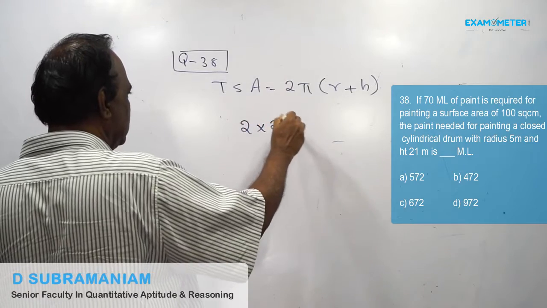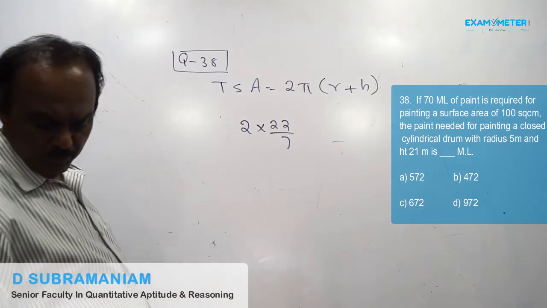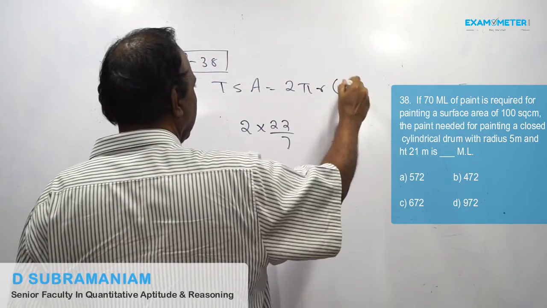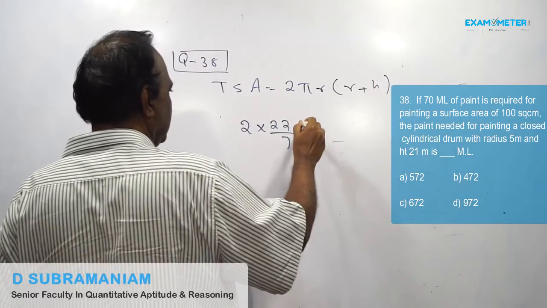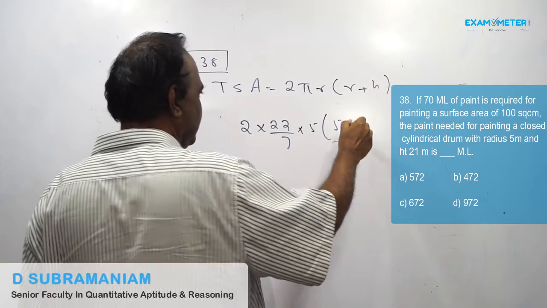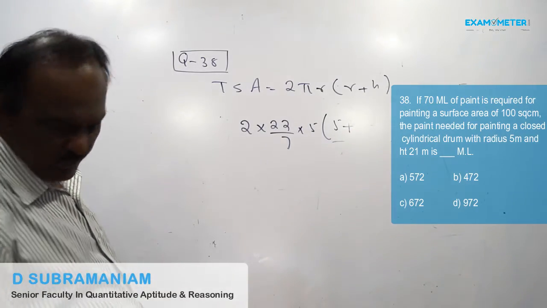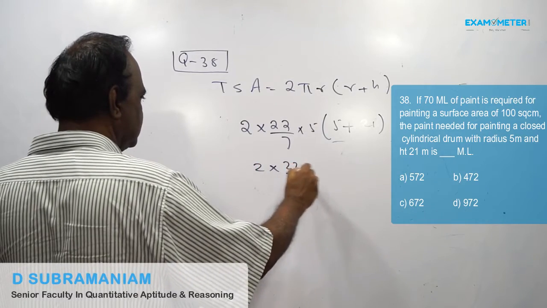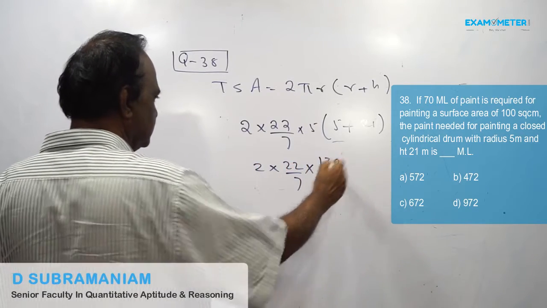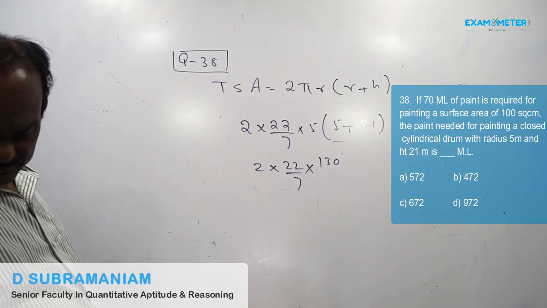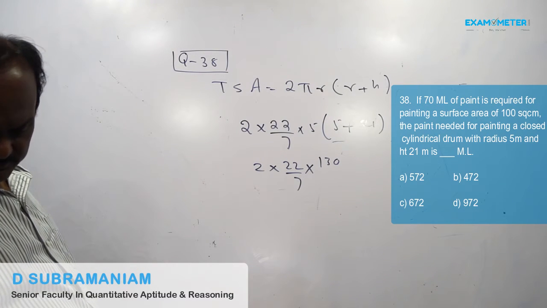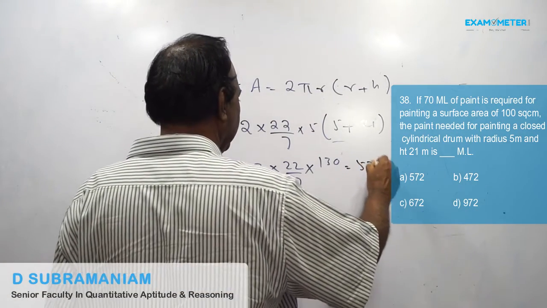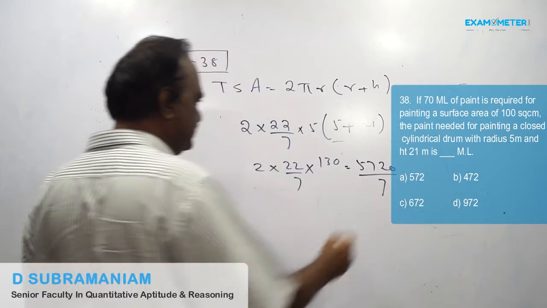2 into pi value into 5 plus 21. This comes to 5720 by 7.